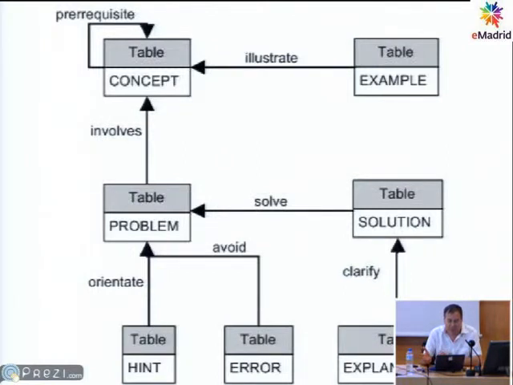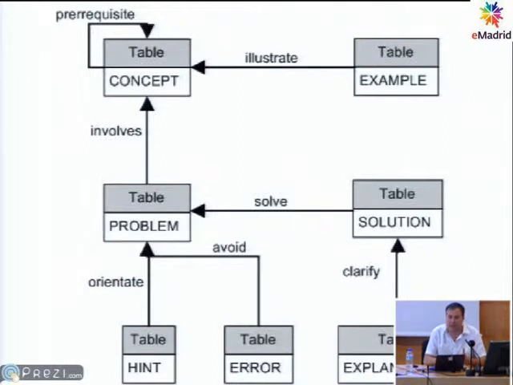So this is an example of what we understand by a very simple instructional ontology. For example, we can modelize a scientific matter in this way. We can have, for example, concepts. We can have examples that illustrate concepts. We can have a problem that makes a drill and practice over those concepts, and many more things.